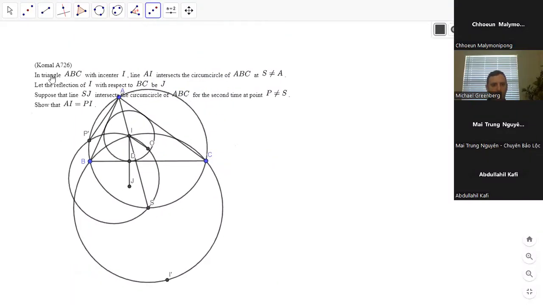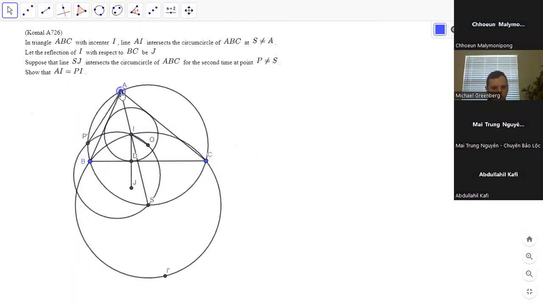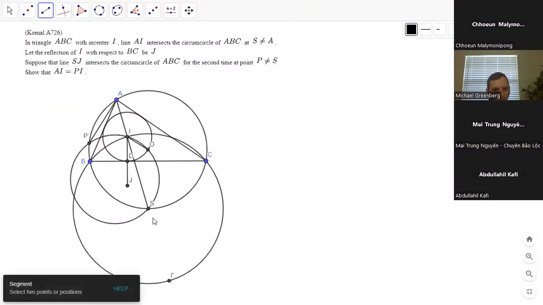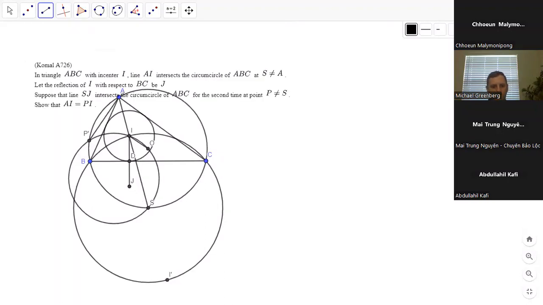So we get I prime. And we want to show SJ and P are collinear. Maybe that's not such a valuable point.